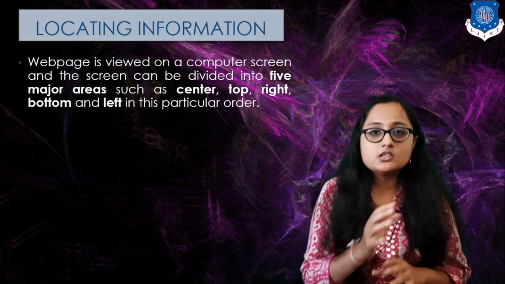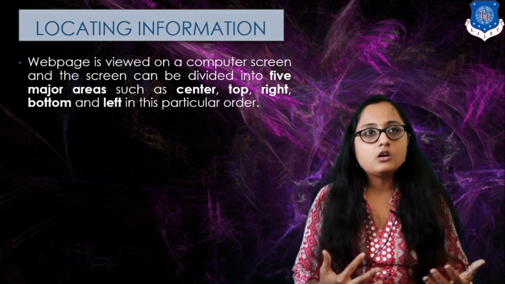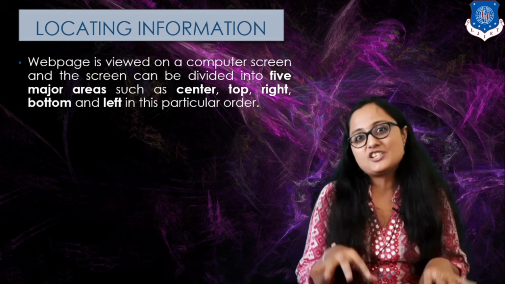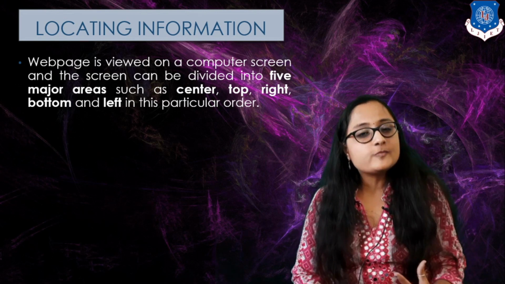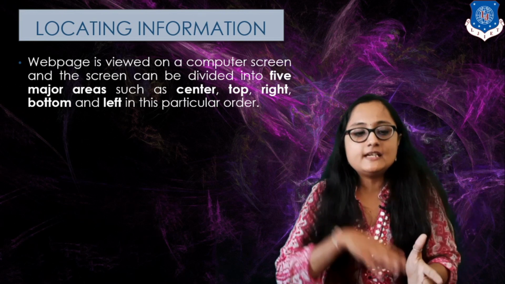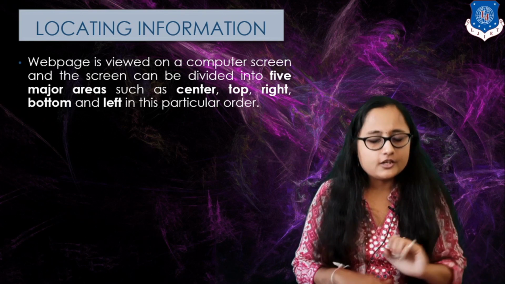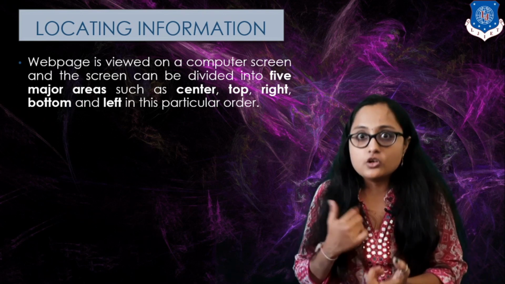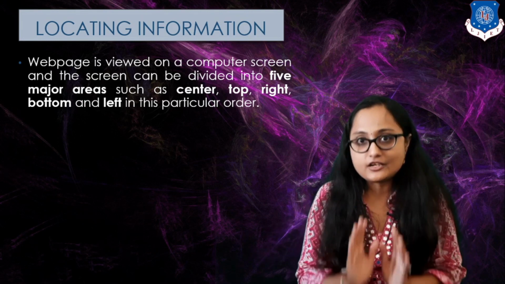It means center is the most important area. Whenever I view a website or a web page, the first thing that catches my attention is the center of the web page. The next thing is the top, then the right, then the bottom, and then the left, right? So this is how the human eye works according to the computer screen's major areas.